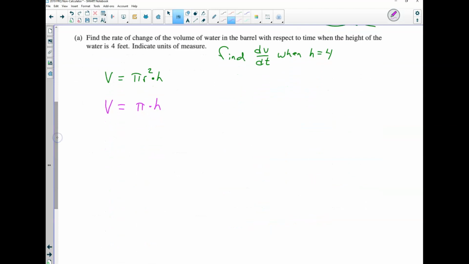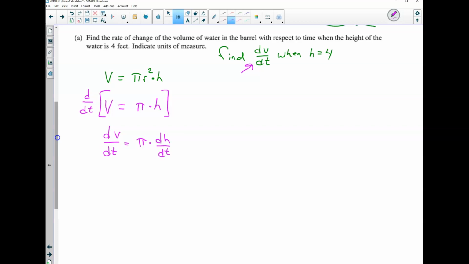Because we need to find dV/dt, we're going to take the derivative of that with respect to t, which means dV/dt equals pi times dh/dt.